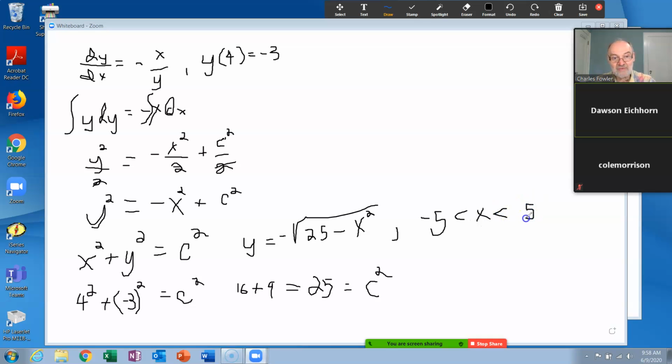Now, why didn't I do plus or minus 5? Because surely that would be on your circle, wouldn't it? Okay, it would, but if this were equal to either minus 5 or 5, what do you have in your radical? 25 minus 25, which is 0.